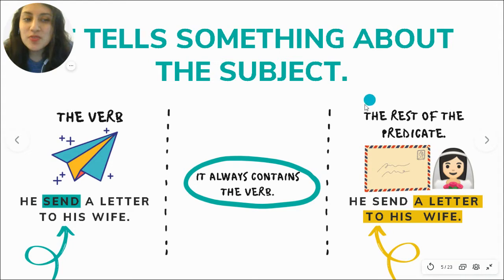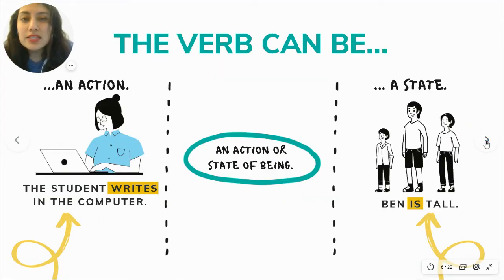And this is the rest of the predicate in the sentence. So here we have sent, as we were saying, that is the verb, that is the action in this case. And we have other parts in this predicate that is a letter and to his wife. Those parts are called objects.